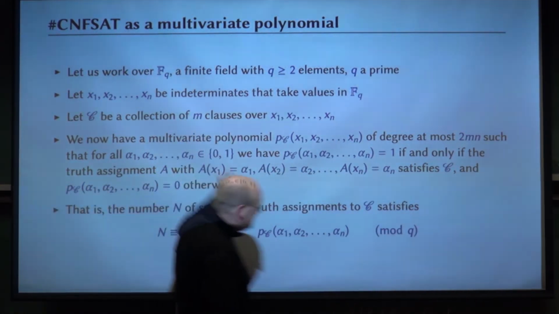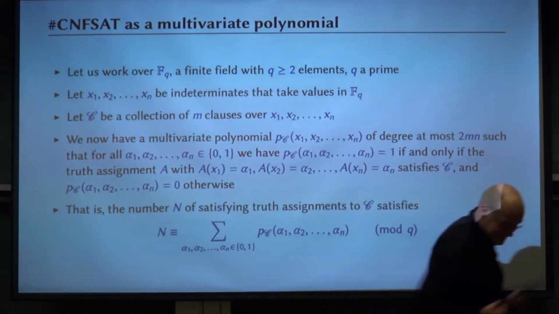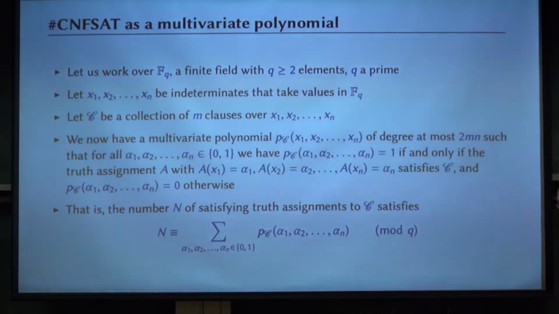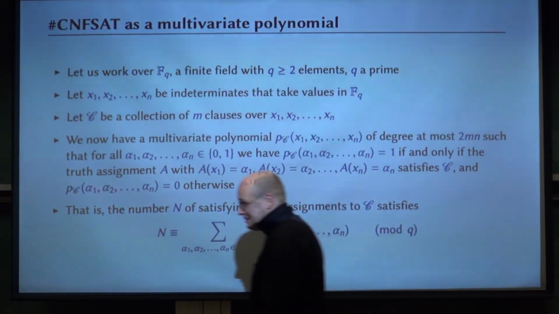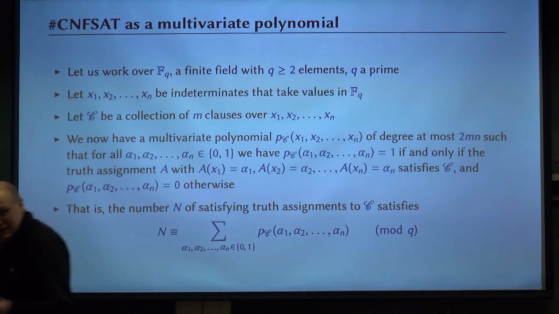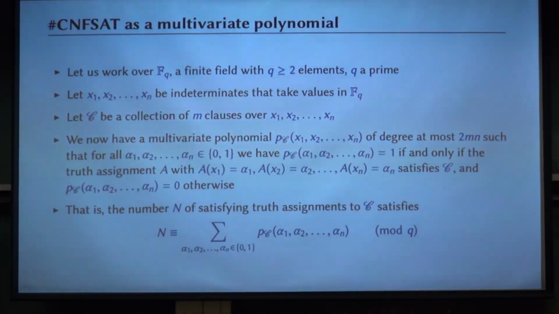We want to retain the entire field, so working over this field with Q elements is important. You will see soon why. So yes, if we were working in the Boolean case, we could trim it down and you wouldn't need to look at such high degrees. But bear with me, there is a reason why we do it this way. And I realize that the bounds are loose, but they will suffice to get to our objective.